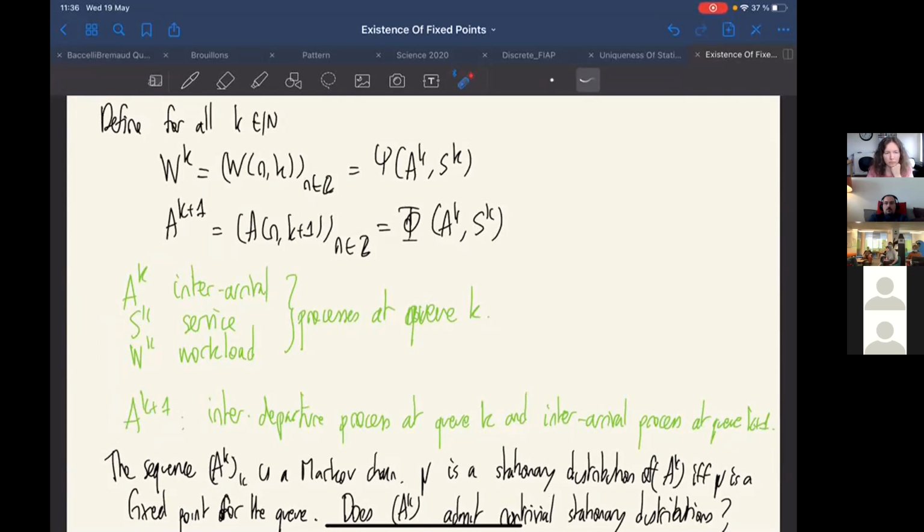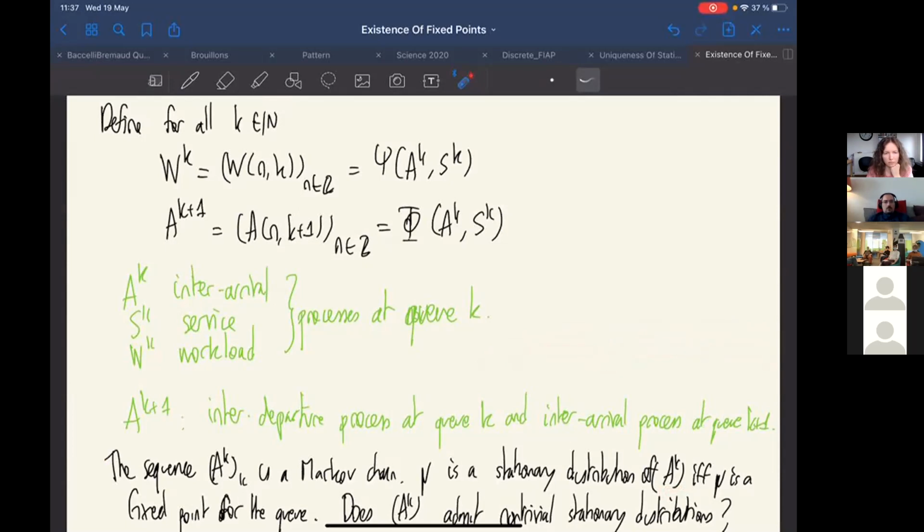And so mu is a stationary distribution of A_K if and only if mu is a fixed point for the Q. Because once you have a fixed point of the Q, you keep the fixed point distribution forever, so it's going to be a stationary distribution.